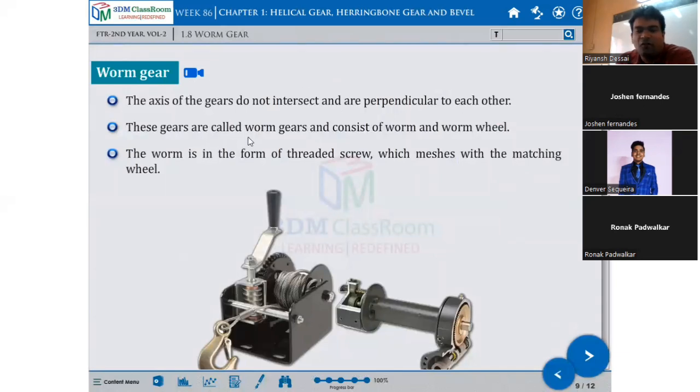These gears are called worm gears and consist of a worm and a worm wheel. The screw is the worm and the wheel is the worm wheel. The worm is in the form of a threaded screw which meshes with the matching wheel.